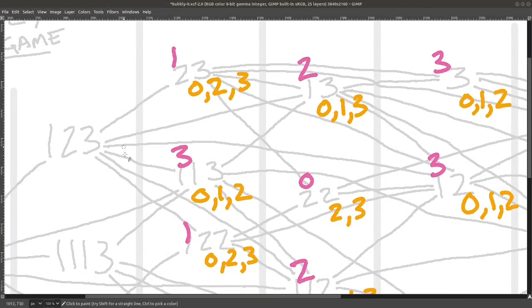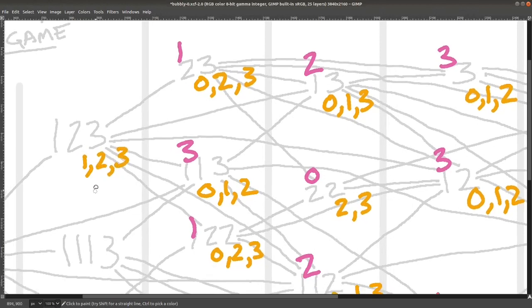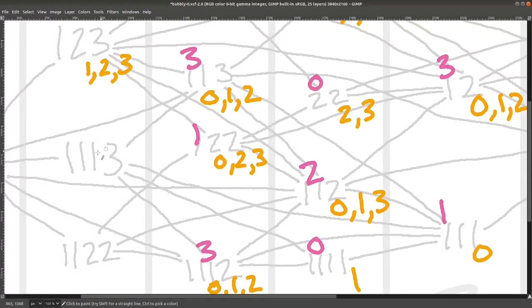This one has 6 options. 1, 2, 3, 3, 2, 1. 3, 1, 0, 3.